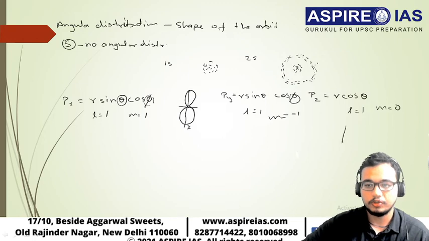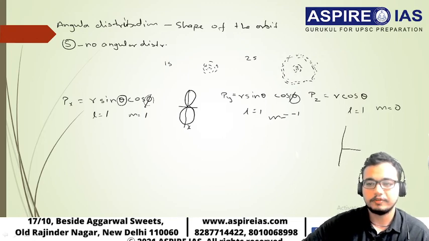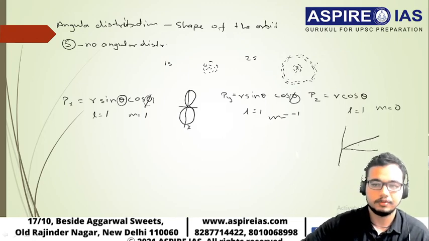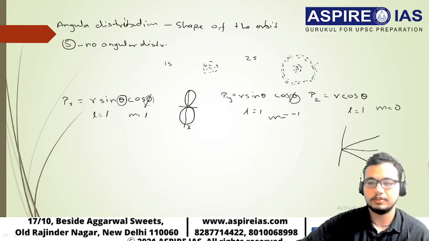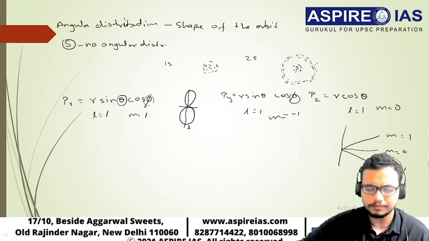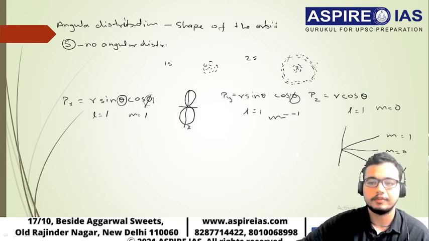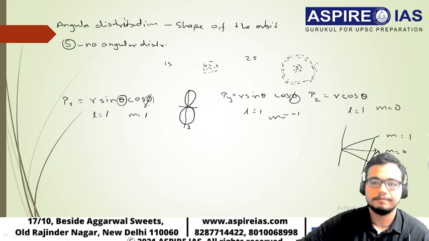So the p orbital in the presence of a magnetic field splits into 3, that is m equal to 0, m equal to minus 1, and m equal to plus 1. By this we can easily explain the Stark effect, that is the splitting of the band in the presence of a field. Now there will be 3 bands in the absorption spectrum. Alright, so this is simple.